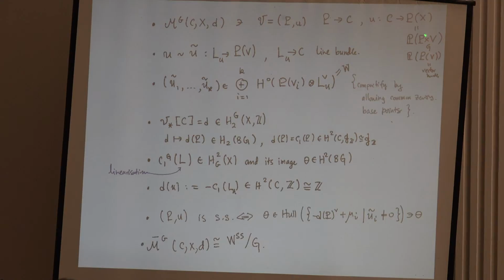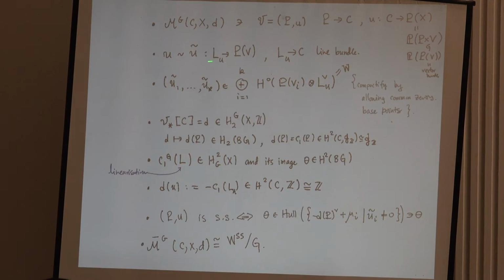So there is a projectivization of the associated vector bundle, and having a map that goes from a curve into the projectivization of a vector bundle is equivalent to having a map that goes from a line subbundle into this vector bundle that I have here.